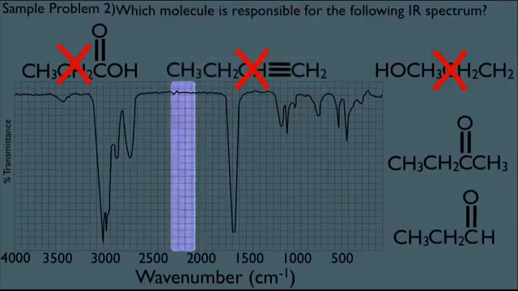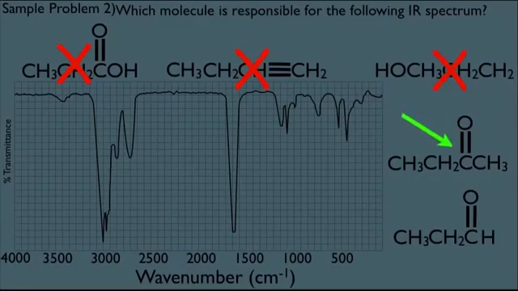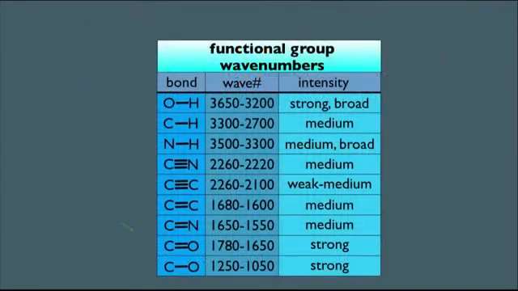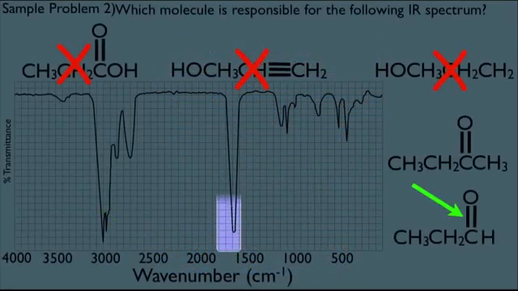Now, that leaves us with the last 2 remaining molecules, but notice, kind of hard here, both of them technically have a carbonyl group. And if we go back to our chart here, carbonyl groups peak right about here, 1650 to 1780, like we saw before, and there is definitely a peak in that region here.